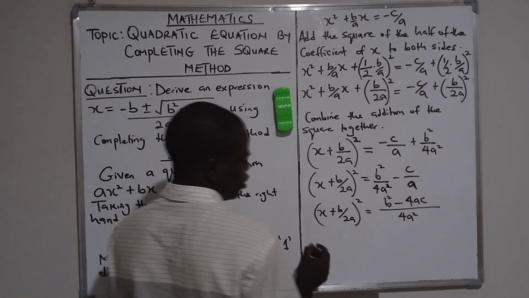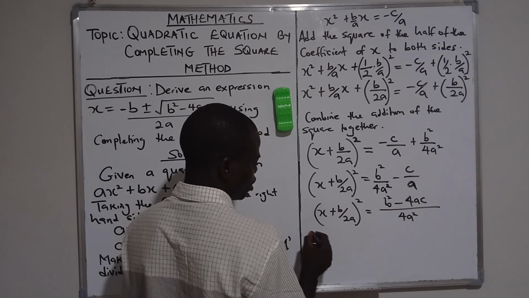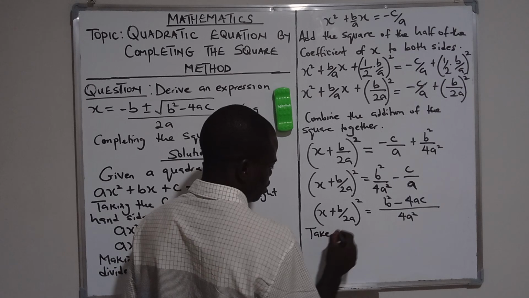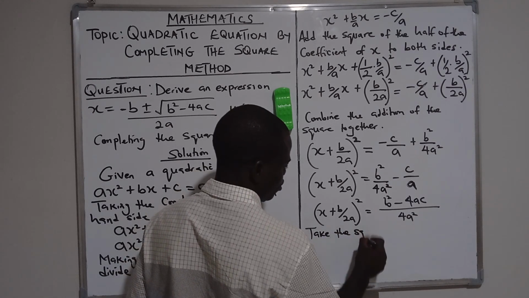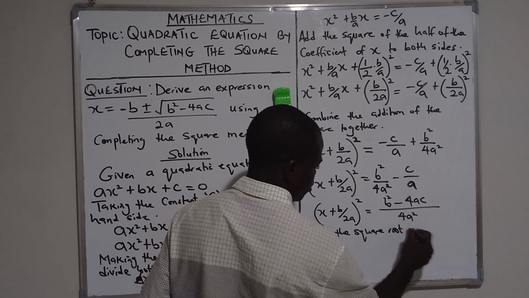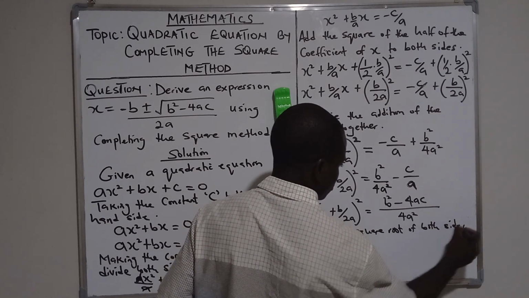Now you find the square root of both sides.